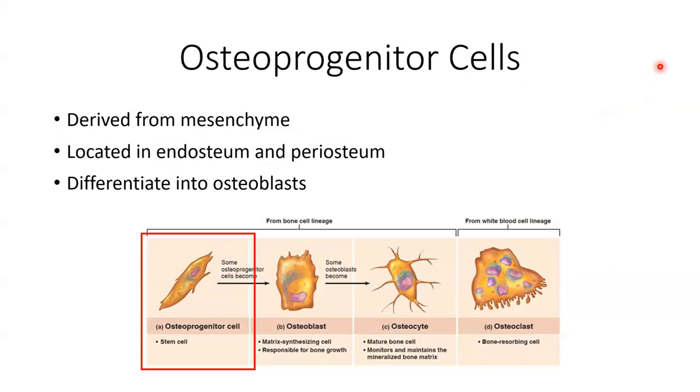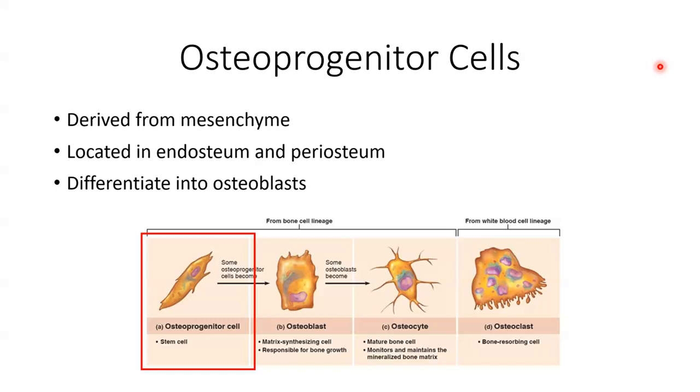So looking at each of those cells in turn, our earliest specialist bone cell is our osteoprogenitor cell. So the cell from which all bone cells will derive. Our osteoprogenitor cells are undifferentiated bone cells, which are derived from that mesenchyme.